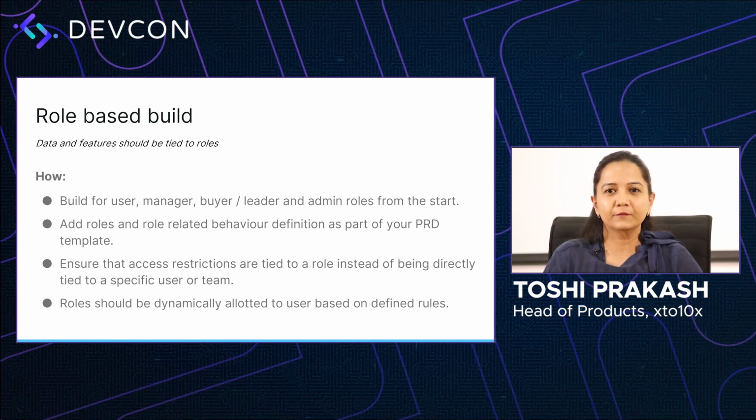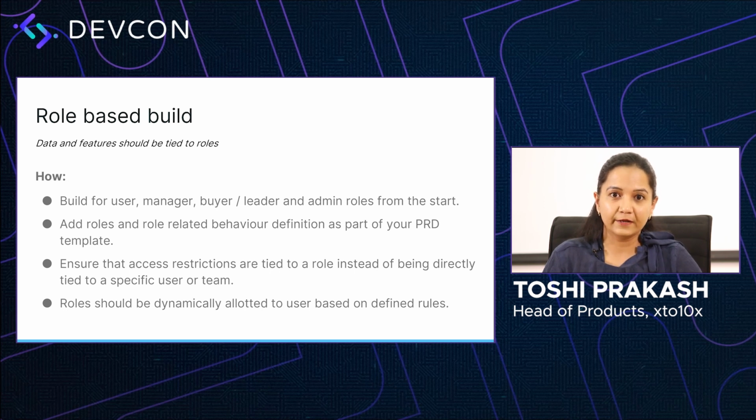Given that you start with 3, it's more likely that you will do it in a very scalable manner instead of just putting an if statement that if admin, give access to this. It will be much richer if you start with 3 personas at least and define them as roles and give access or remove access depending upon what role the person is at.